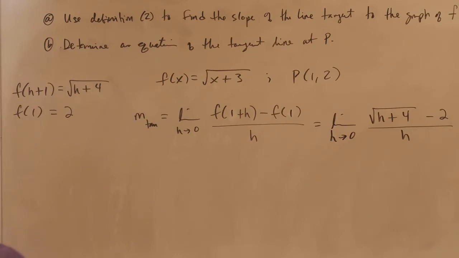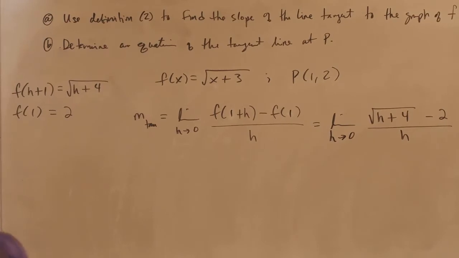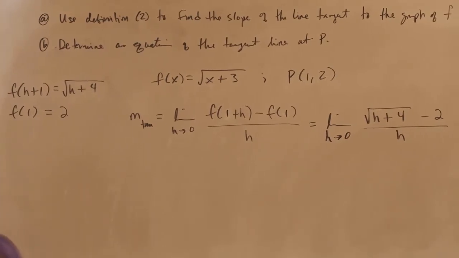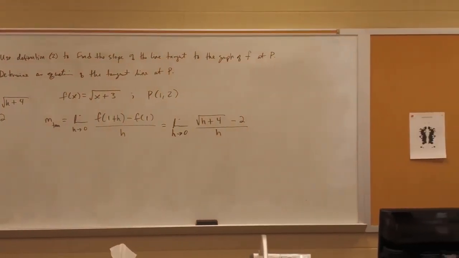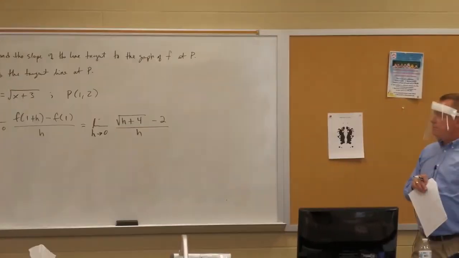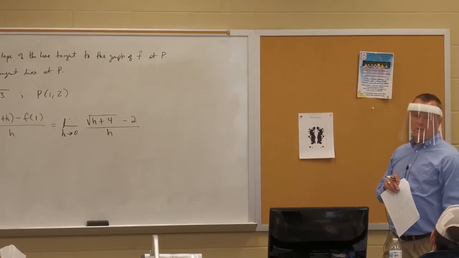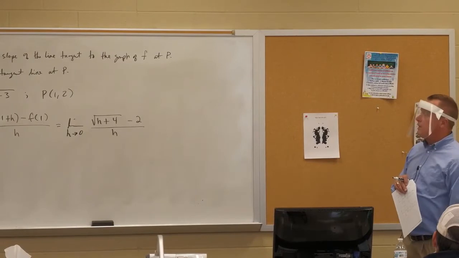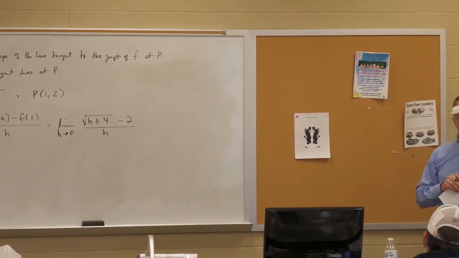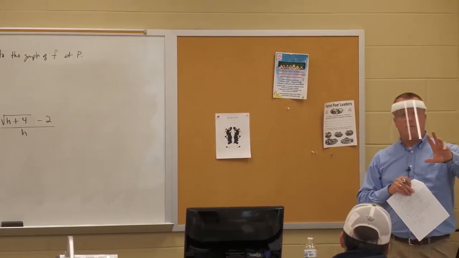All right, so now we've got a square root and a limit here. All right, so what did we do when we had a square root and limit before? What do we do to the top and the bottom to help us figure out what that is? Okay, multiply. Now the reciprocal of this means you flip it.